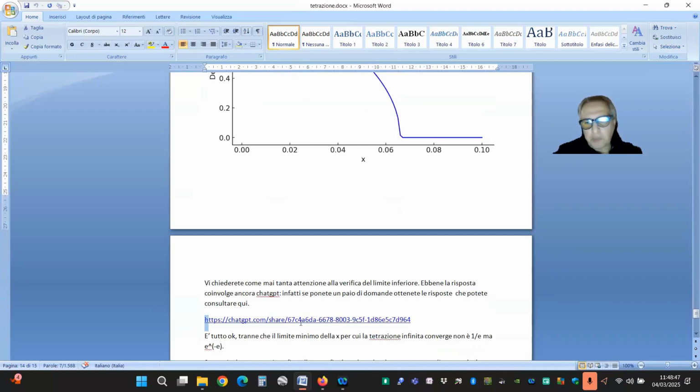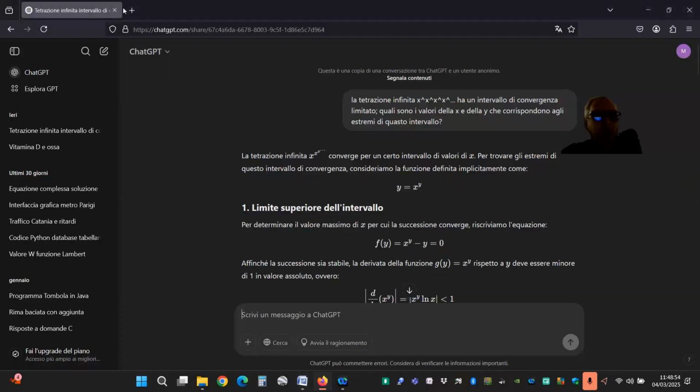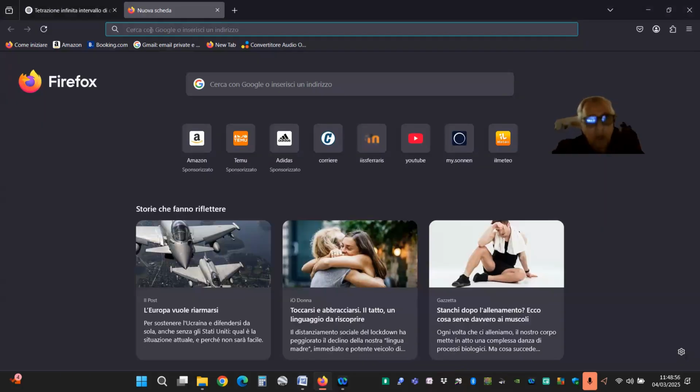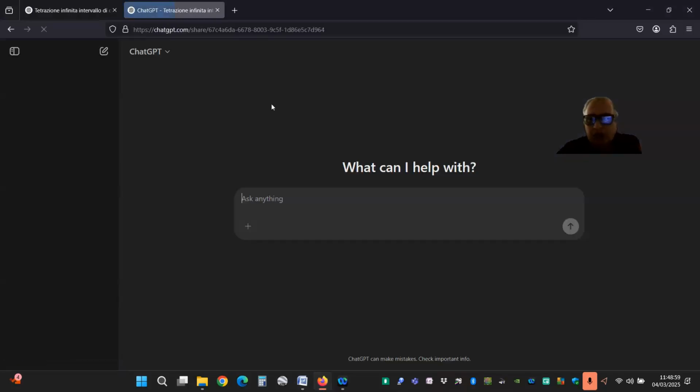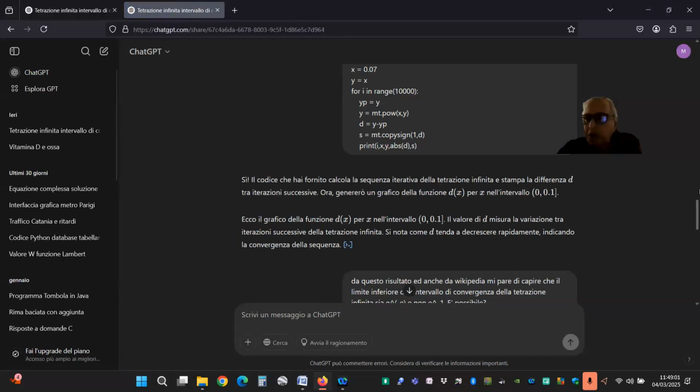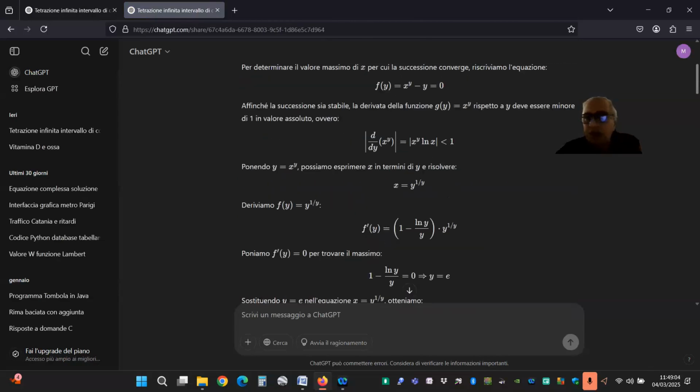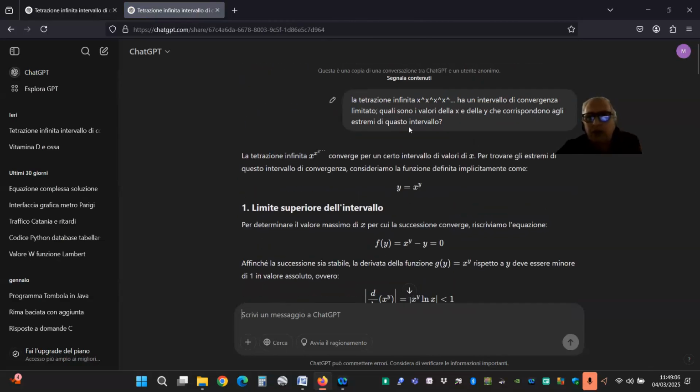Because in my recent verification process with ChatGPT, I am now attempting to analyze the passage in greater detail. During this verification, there is one particular thing that can be clearly observed, which I would like to highlight for you right now. I asked it to reconstruct the limits of the interval. You see the questions I asked.